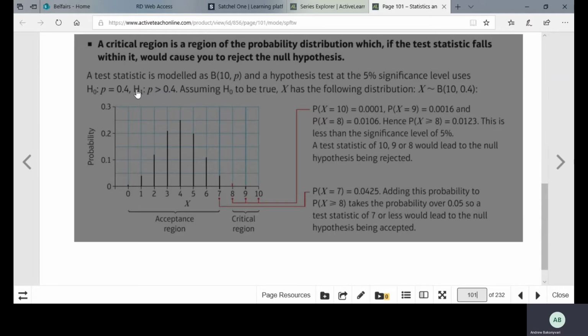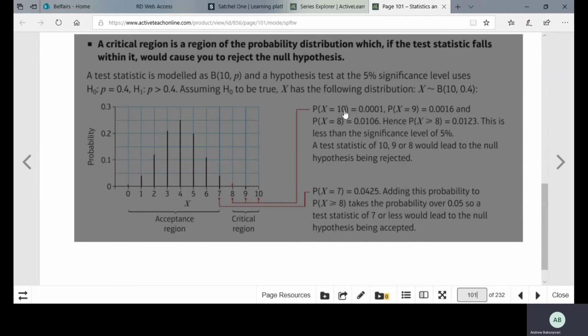So somebody else is thinking, actually, I think the probability of success is a bit more than 0.4. We assume the null hypothesis is true. So if we assume the null hypothesis is true, we can say X is going to be binomially distributed with 10 trials with a probability of 0.4.